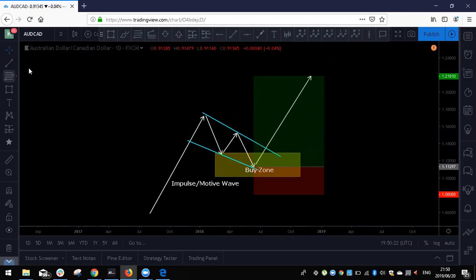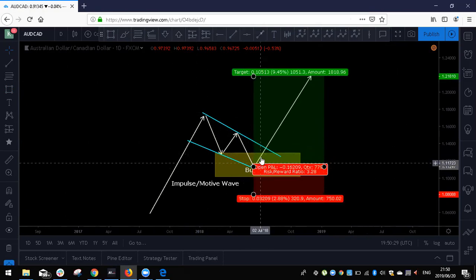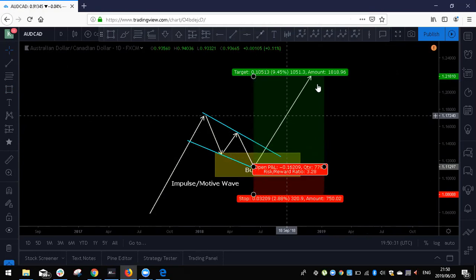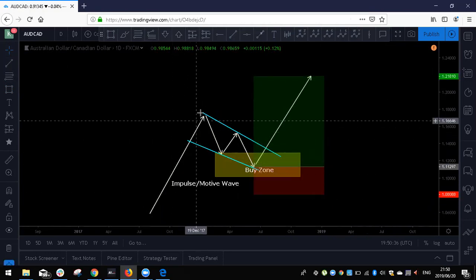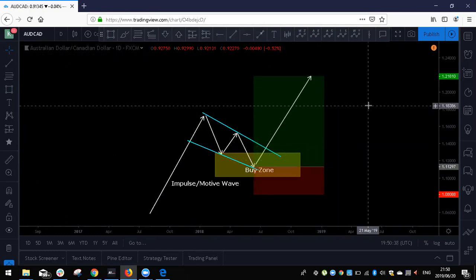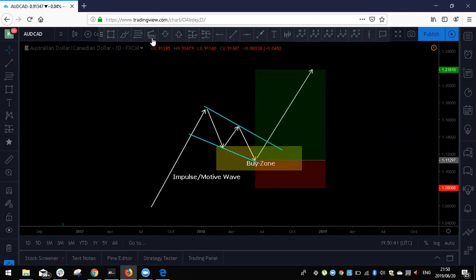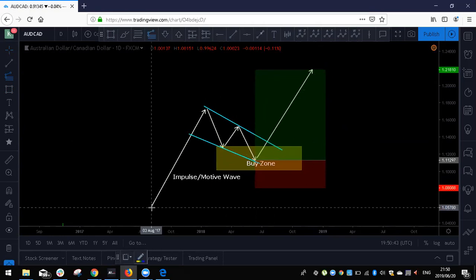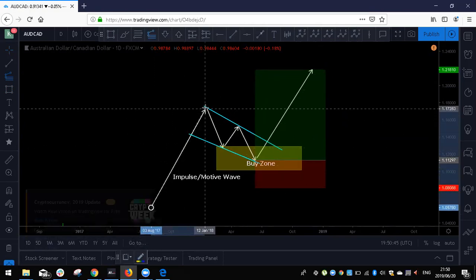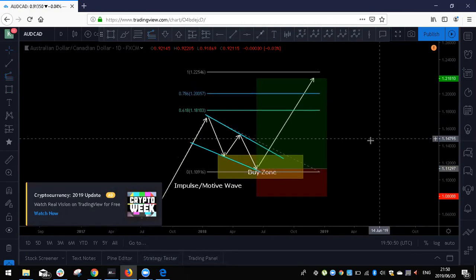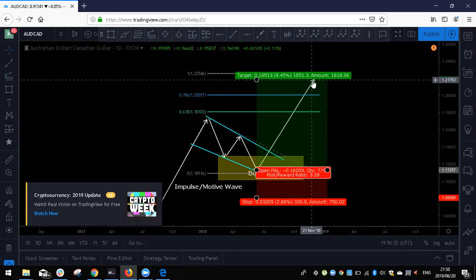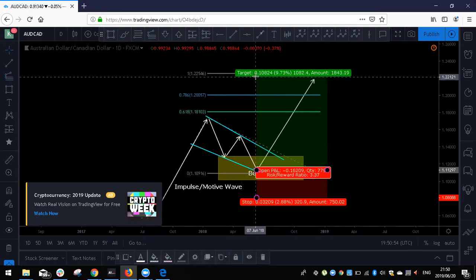The basic rule of a bullish flag or a bearish flag is that after you get a correction, the length of this leg will usually be the same length as this leg. So what the Fibonacci expansion is telling you is, if you measure this from there and then come back to your buy zone like this, this is your 100%.